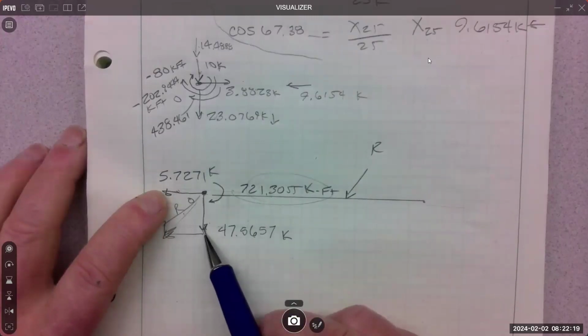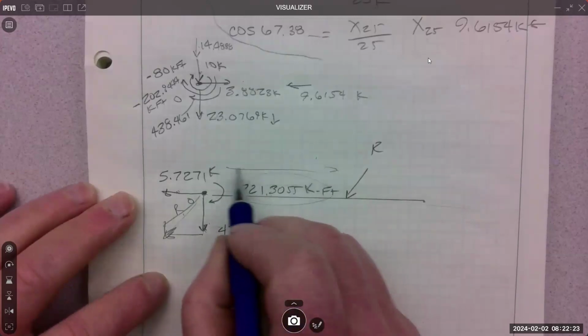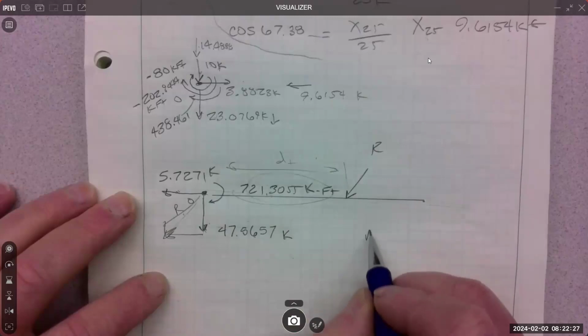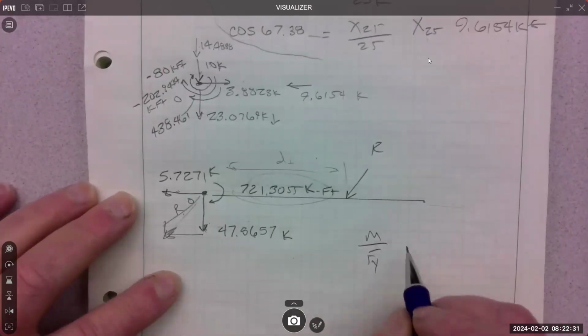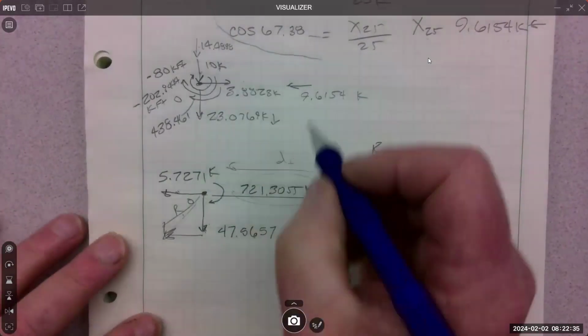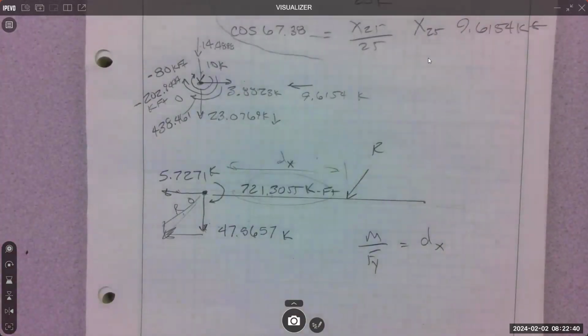It's all this Y. So to get the perpendicular distance, or the distance out on the beam, we take the moment and divide by the force of the Y to get a distance in the X. That's this thing, distance in the X. So that's the 721 divided by the Y component 47.